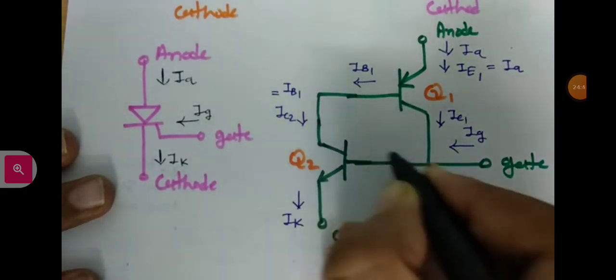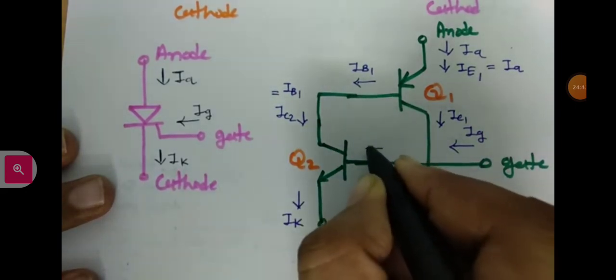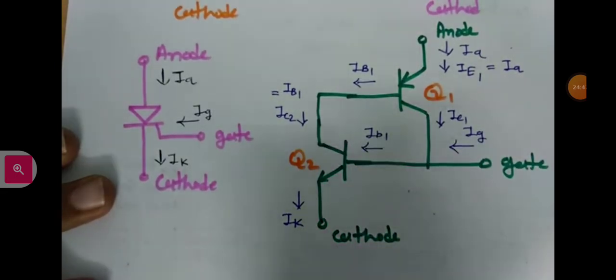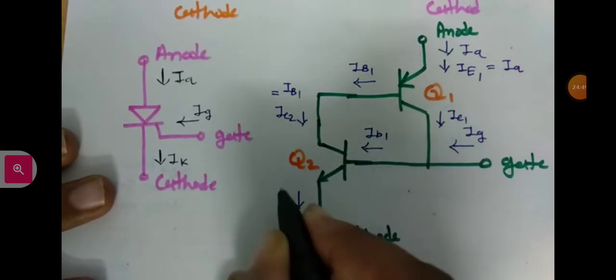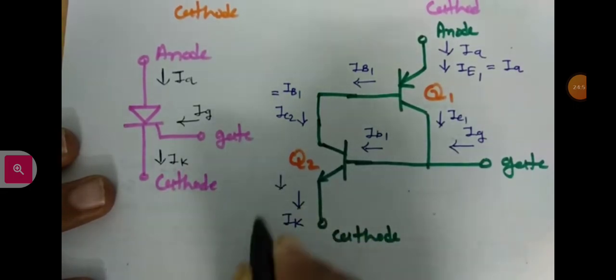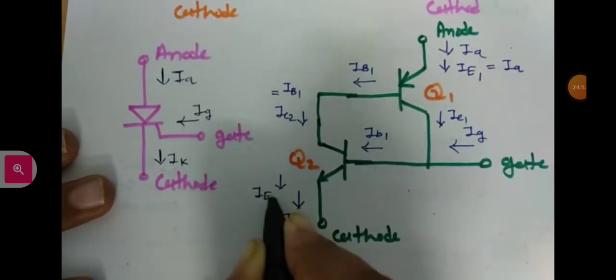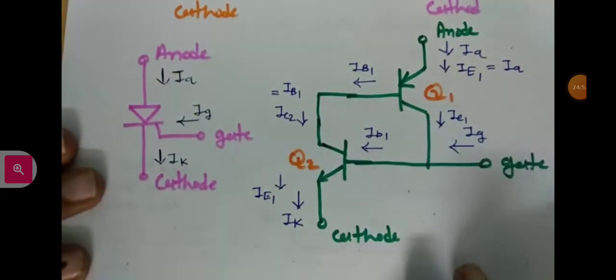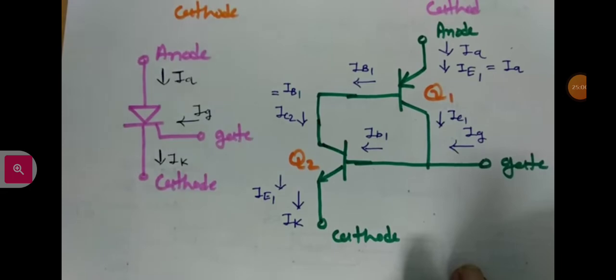And the current which is getting inserted over here is IB1, and for this transistor the current which is leaving is IE1. That is how I am giving the basic notations right now.